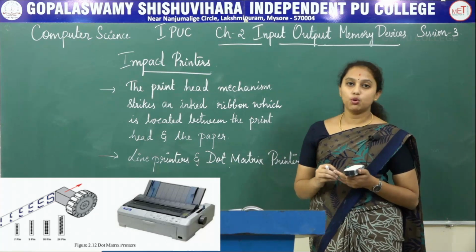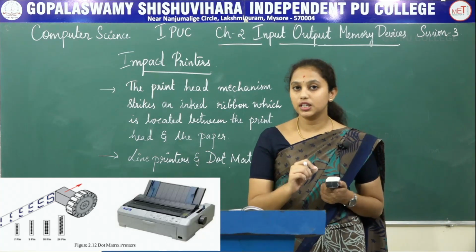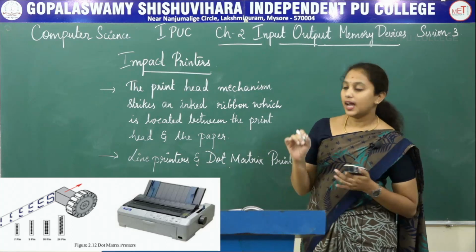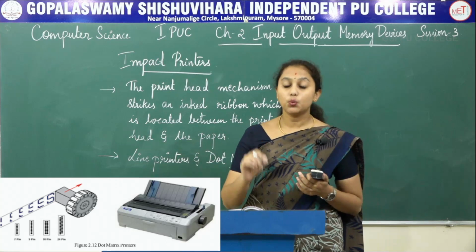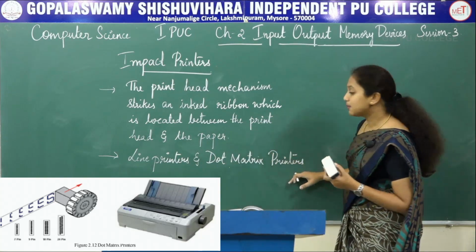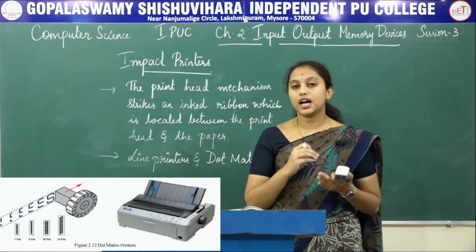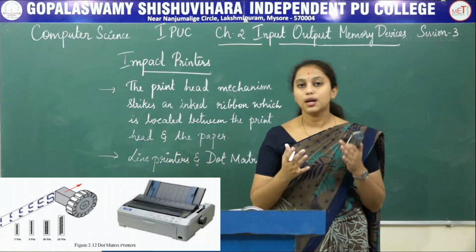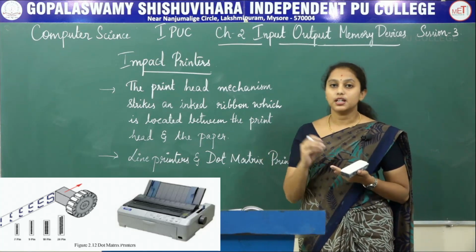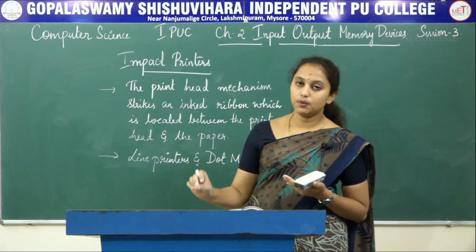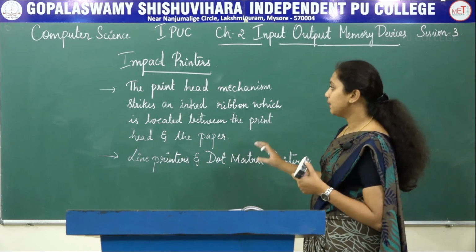The computer memory sends one character at a time to print, and they generally have 24 pins. There is a carbon between the pin and the paper. Words are printed on the paper when the pin strikes the paper. This is about the impact printers.